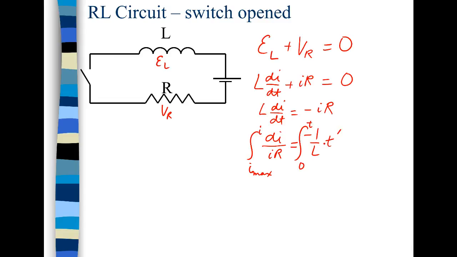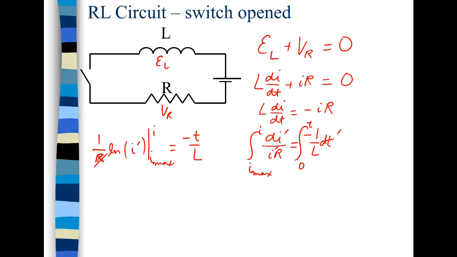So the natural log of I prime, evaluated from I max to I, is just going to be equal to negative R t over L.